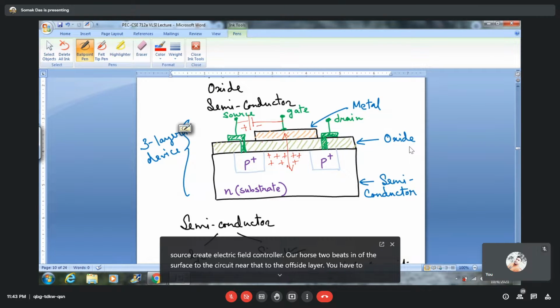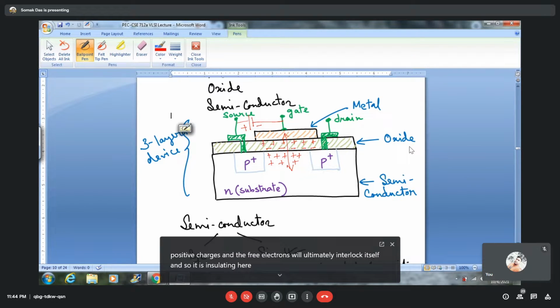Here there will be positive ions from the insulating region towards the oxide metal interface, and in the opposite direction there will be free electrons accumulating. Now mind it, within the oxide layer, the overall free positive charges and the free electrons will ultimately neutralize themselves, and so it is an insulating layer.